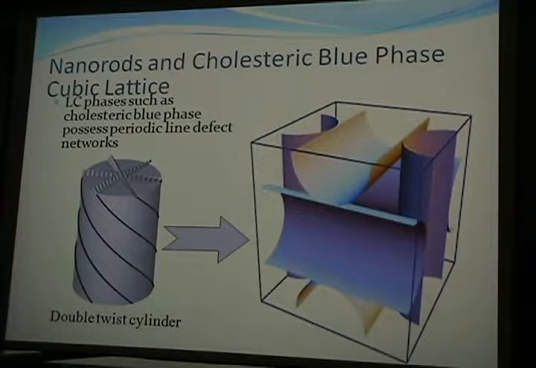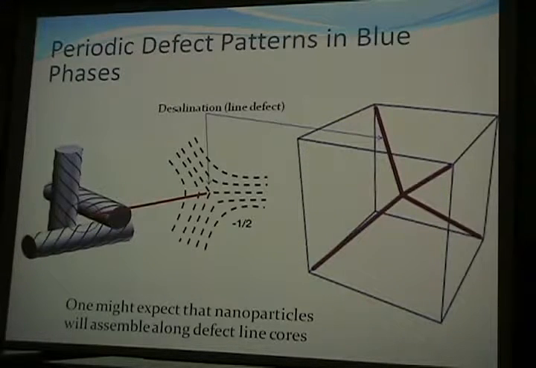We heard about the double twist cylinder, in which the cholesteric molecules, so the central molecule will align along the cylindrical axis, and then radially outward, they will twist out in all directions, and it'll give rise to this double twist cylinder. And then this double twist cylinder will form these cubic lattices. And it was also mentioned earlier that there are these disclination lines throughout the cubic lattice, with these defect cores.